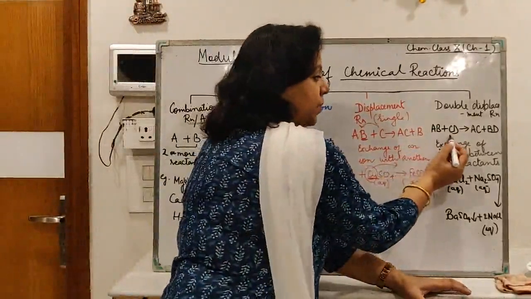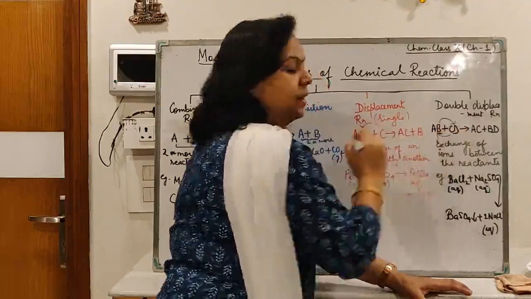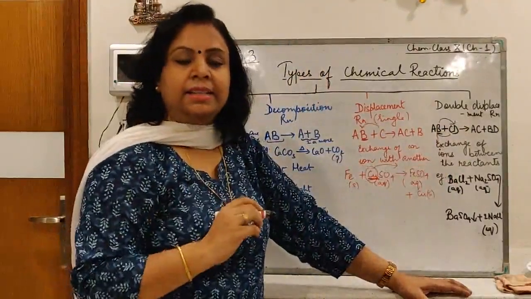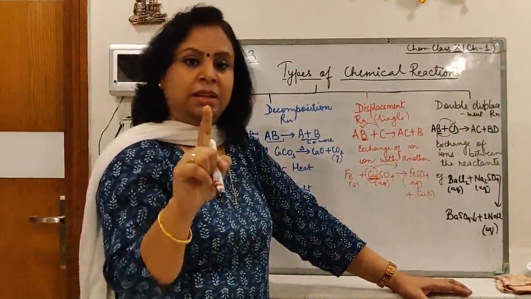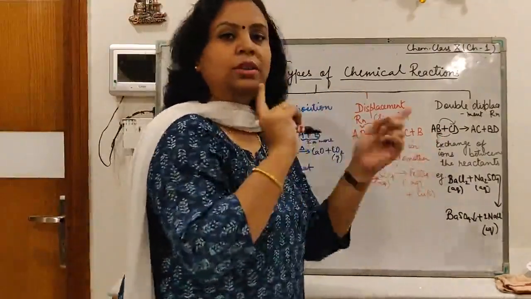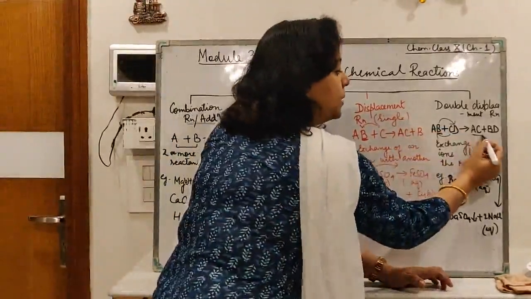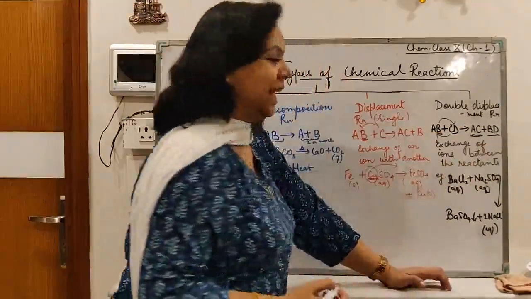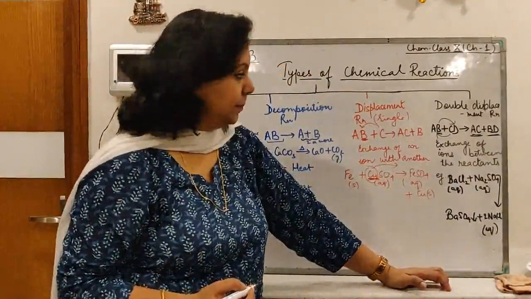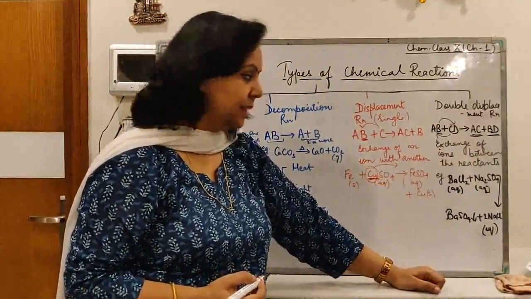If you see, C comes here and B goes here. Like in single displacement, there was exchange of only one. Over here, both are interchanging, and the two new substances that are formed are AC and BD. Exchange of ions between reactants.